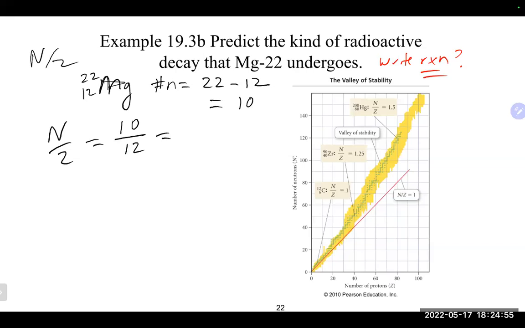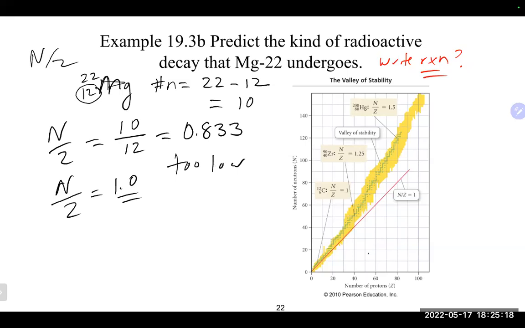That gets us 0.833. The atomic number here is 12, which means an acceptable ratio for this guy would be a ratio of 1. And in this case, are we too high or too low? We are too low. So we find ourselves on this side of the valley.